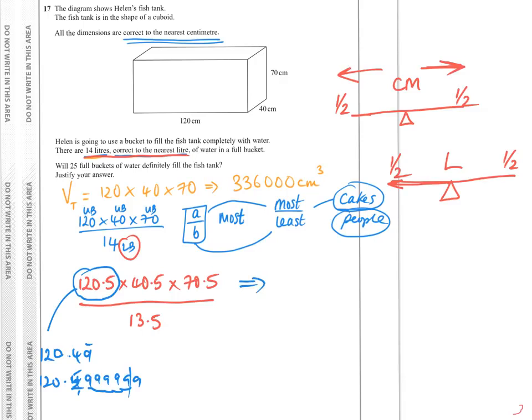So you've got the upper bounds of all the dimensions at the top, and you've got the lower bound of the litres that one bucket will hold. So we can do that on a calculator. So 120.5 times 40.5 times 70.5 gives me 344,057.625 divided by 13.5.